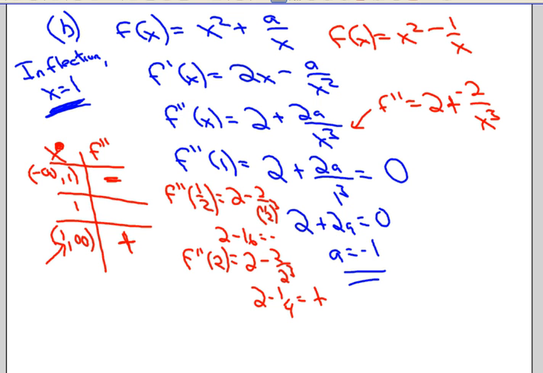So when I look at my second derivative, I notice that at 1, it changes from negative to positive. So this truly is a point of inflection. So we have an inflection point at x equals 1 because the second derivative switches signs. That completes our problem.